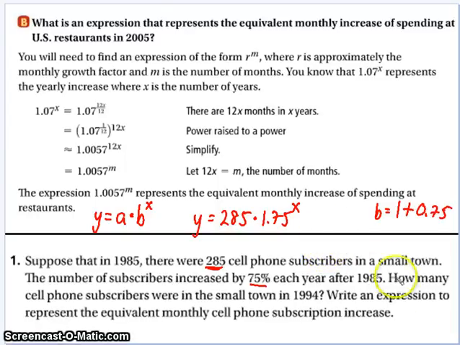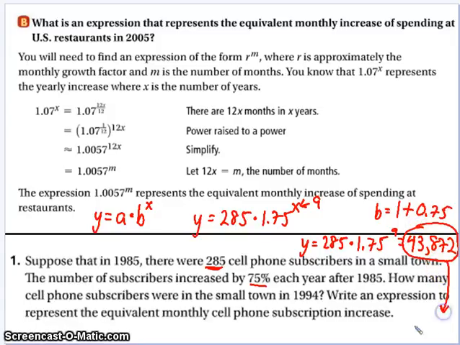So that's the formula, but now it says how many cell phone subscribers were in the small town in 1994. Well, if it's 1994, that's 9 years. So that means this number is now a 9. So we have Y is equal to 285 times 1.75 to the power of 9. We put that through the little evil demon box, and what we end up with is 43,872 people in the small town now have a cell phone.